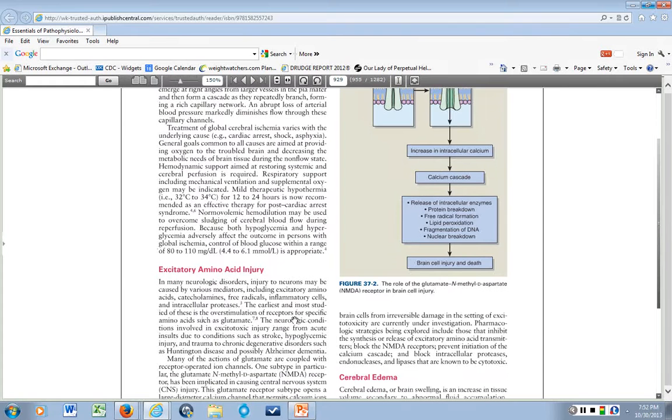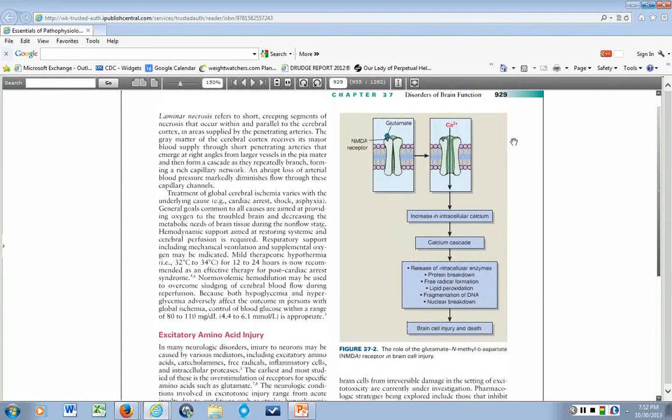It gets a little complicated. I'm not asking you to know the steps. I want you simply to recognize the mechanism itself. There are amino acids called glutamate, and there are receptors for glutamate in the brain, sorry, not just body, but in the brain. And this is what figure 37-2 is showing, that glutamate receptor.